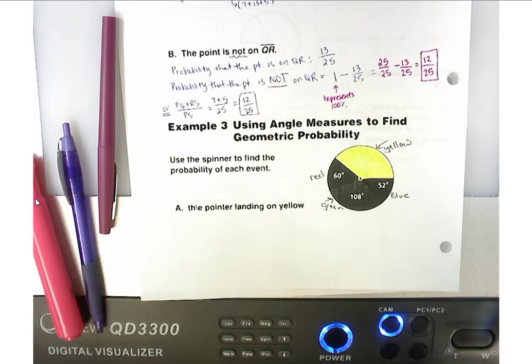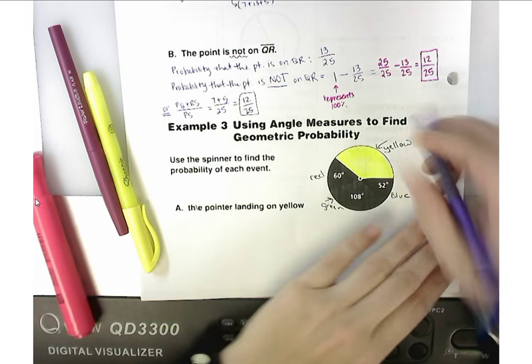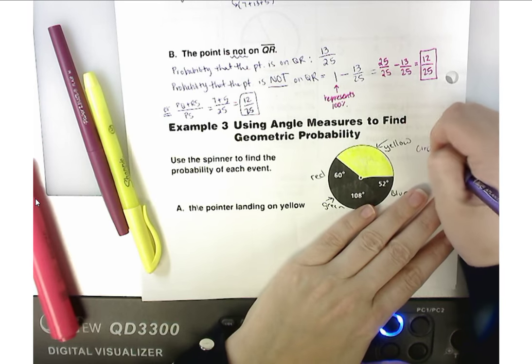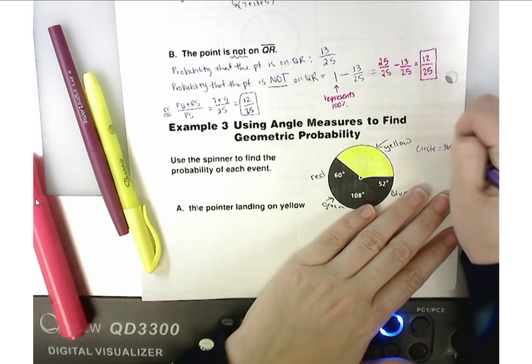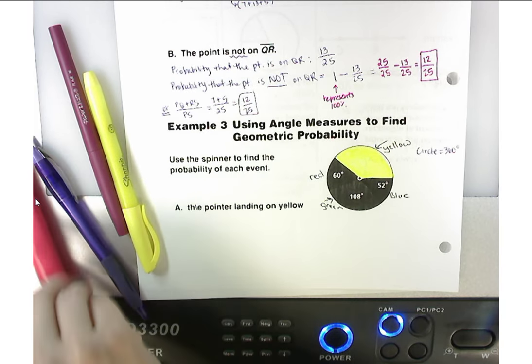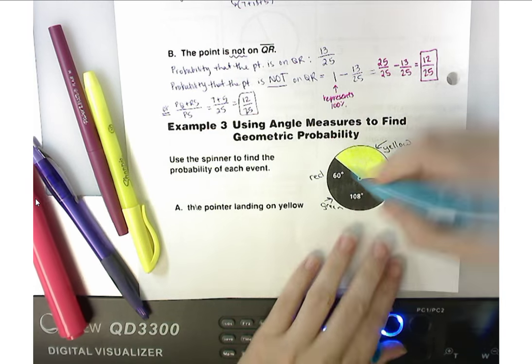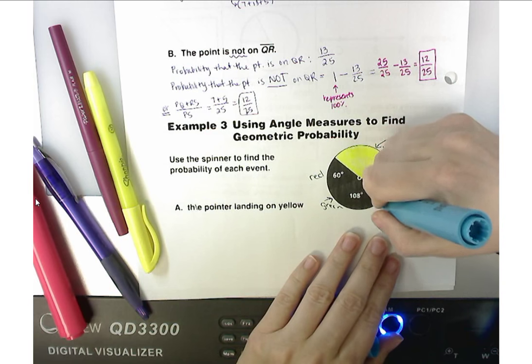Now, an entire circle is how many degrees? 360. So I have the blue, the green, and the red. So if I want to find what I have in the yellow, what is that going to be?